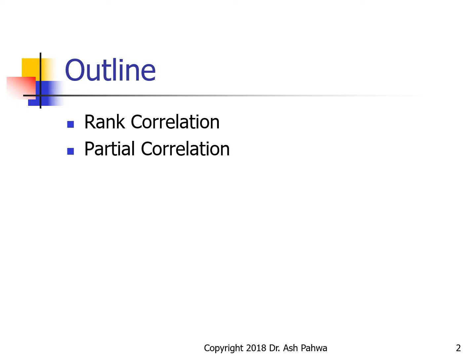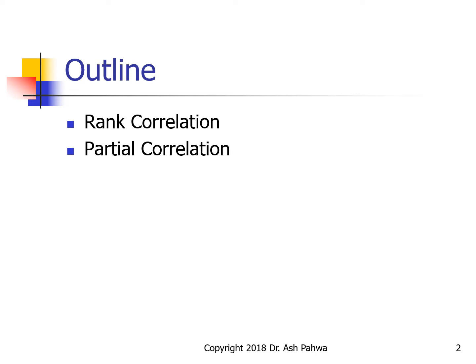Next, we are going to cover partial correlation. Partial correlation is computed when there are three variables in a model interacting with each other. We need to find out what is the real correlation between two variables by removing the effect of the third variable. The third variable sometimes is called lurking variable, and whenever a third variable is present in a model, it is going to skew the results.